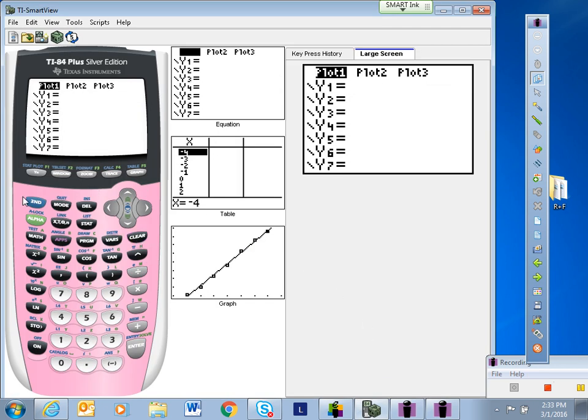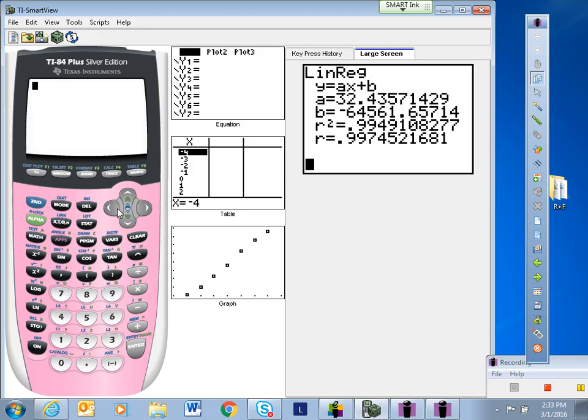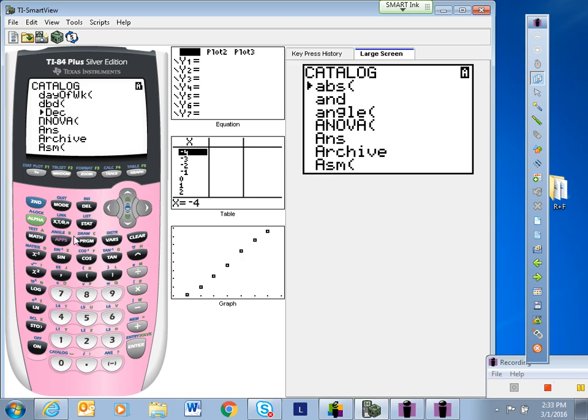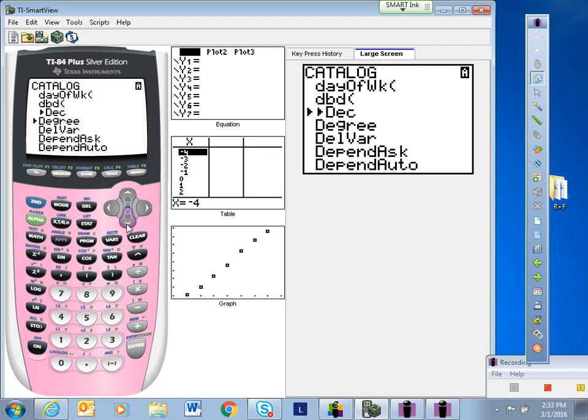So, y'all can do it one of two ways. This is the only way I can do it because my calculator's old. I'm going to go second, catalog. This A right here means I'm in the alpha mode. So I'm going to go down here to the D's, and then to diagnostics on.